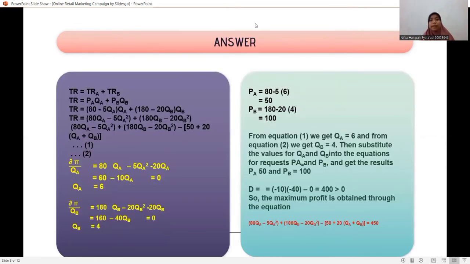Okay, the answer goes like this. We put the formula here. After that, we put in the question.